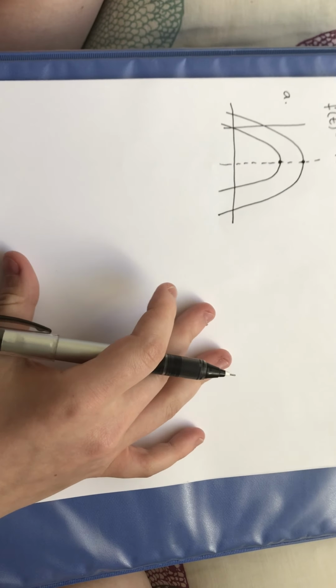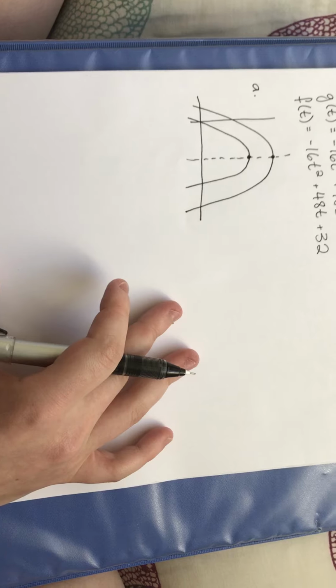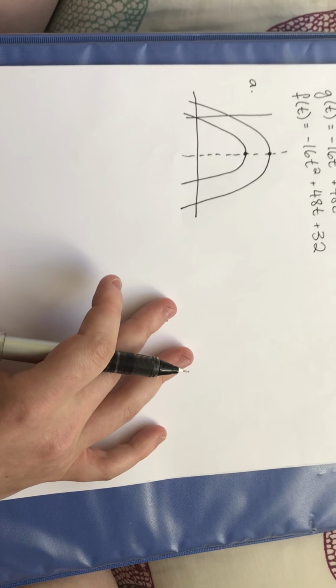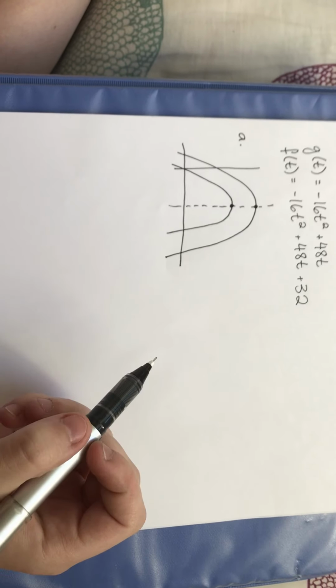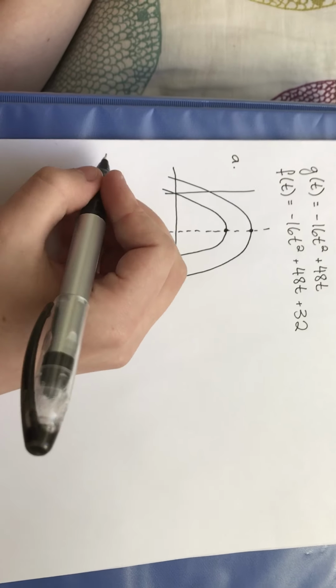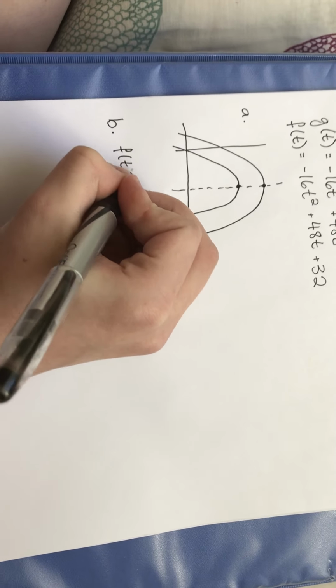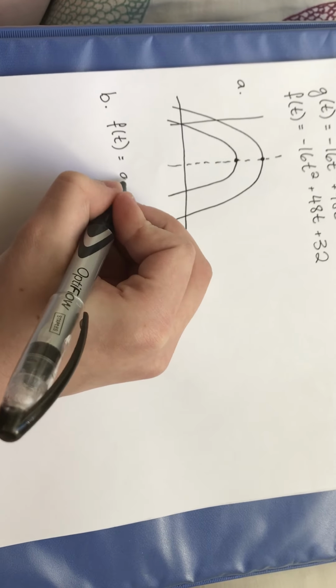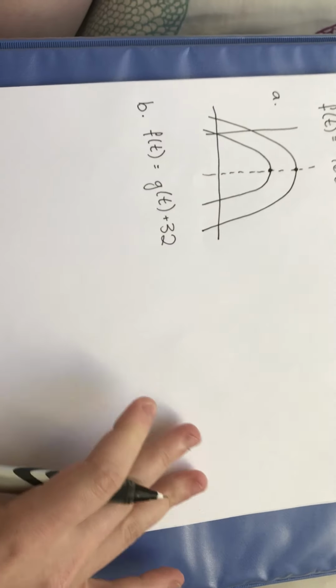So for part B of the question, it says how much higher does the stone thrown from the bridge go than the stone thrown from the ground. As we can see, the equations are essentially the same. F(t) is just g(t) plus 32.